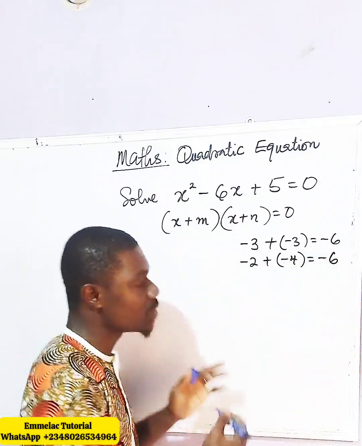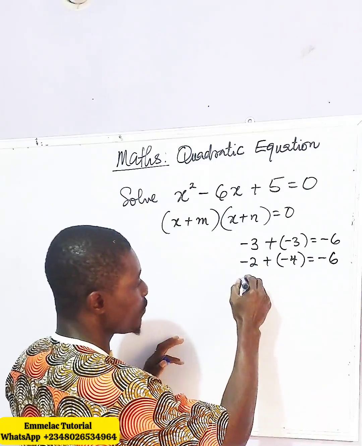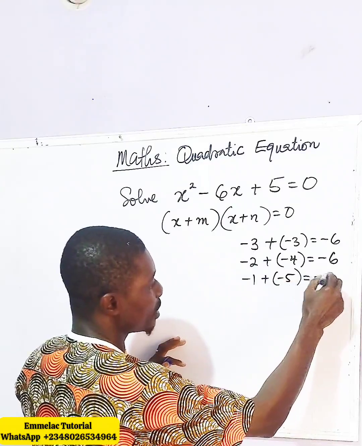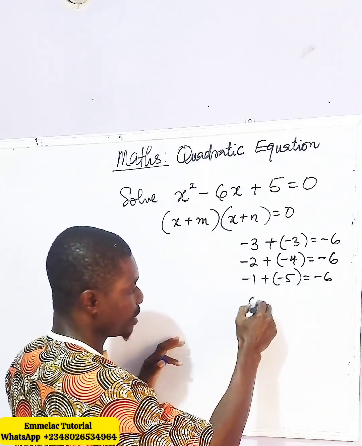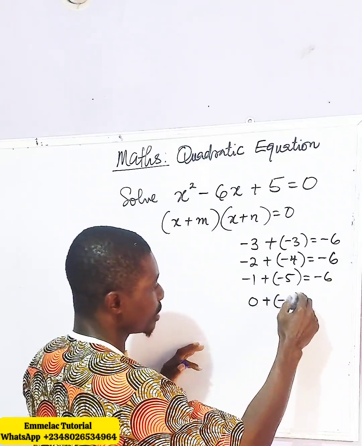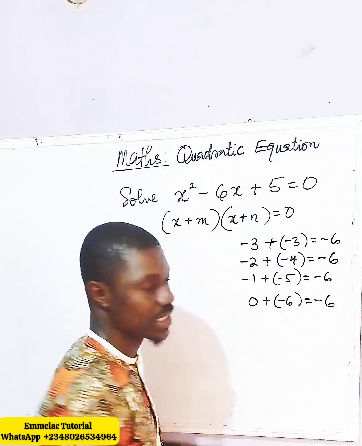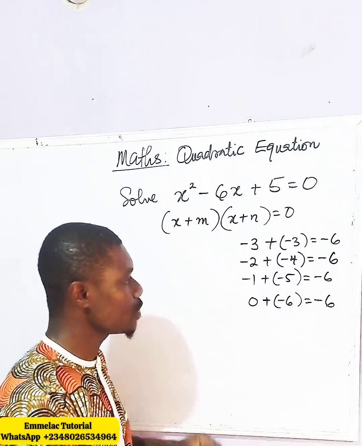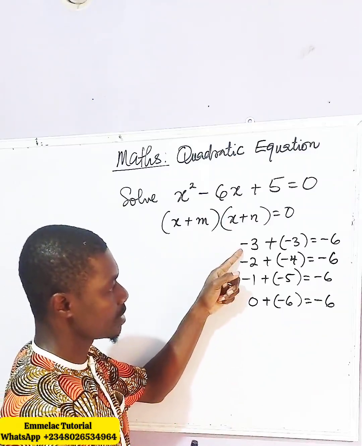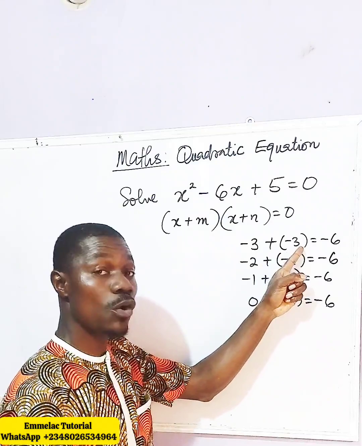If I continue in this pattern, still that 1, here we have negative 1 plus negative 5, which gives us negative 6. Then 0 plus negative 6 will give us what? Still negative 6.